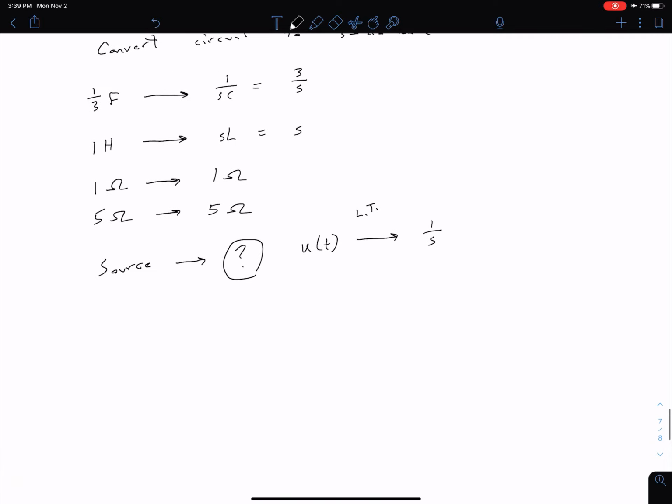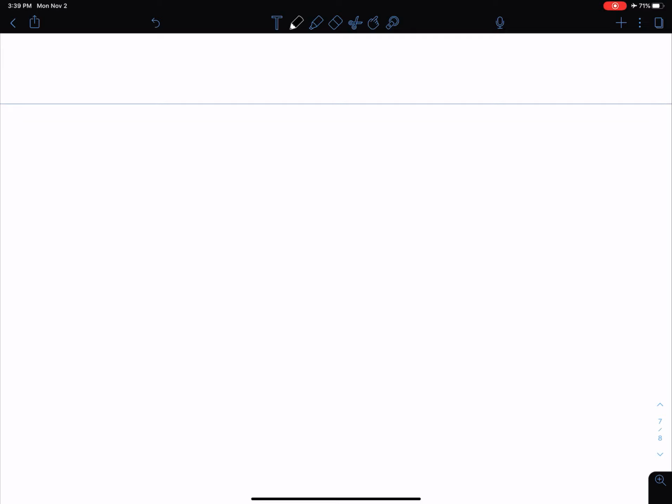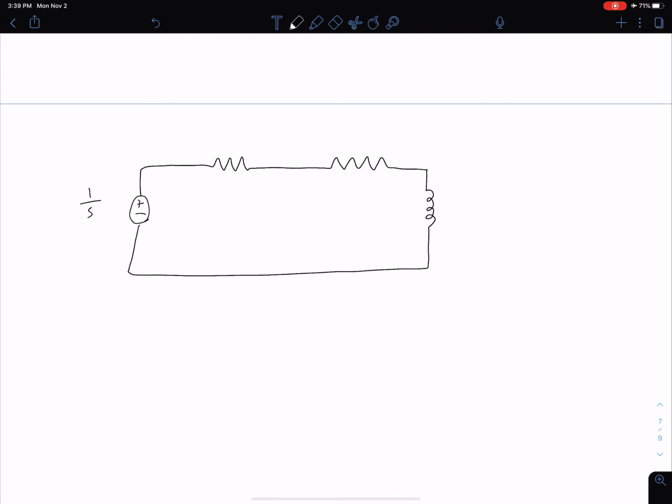So with all of this information, we can now redraw our circuit. So we have a voltage source, and now we're not drawing the switch because we've already accounted for that when we change this to a value of u of t, which becomes 1/S. We have our inductor, and in this middle branch we have our capacitor.